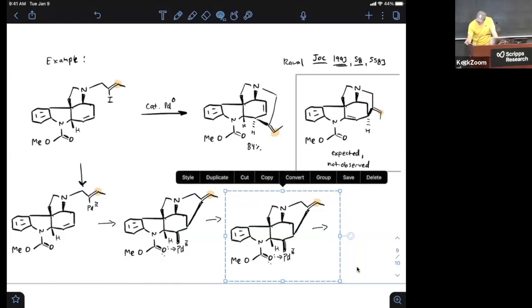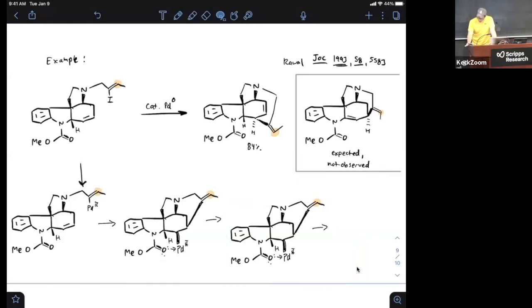Okay, so now what can happen instead? Well, it's just sitting there, and you see one curious feature in the product that's identified, which is that the olefin geometry is inverted. So how might that happen? I'll pose this to the class. Any ideas?